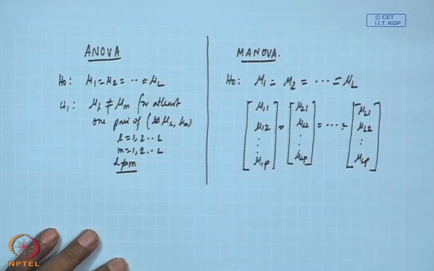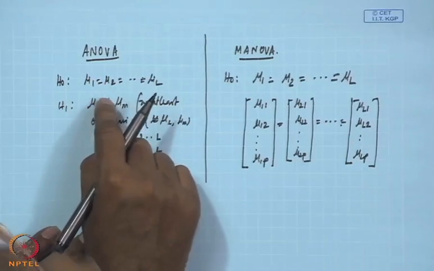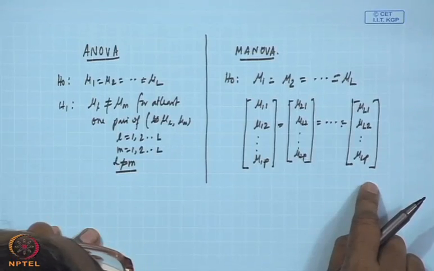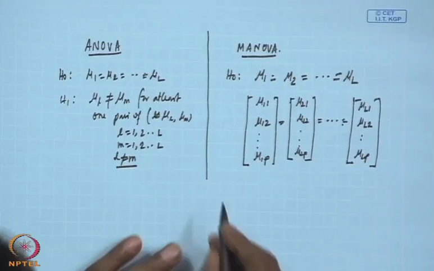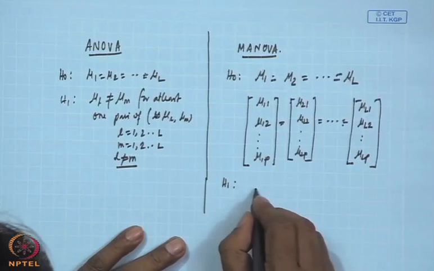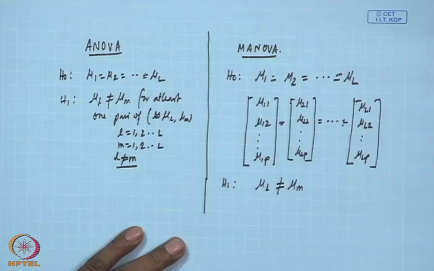That is the difference. In ANOVA it is a scalar quantity, in MANOVA it is a vector quantity. And your alternate hypothesis is that mu L not equal to mu m.